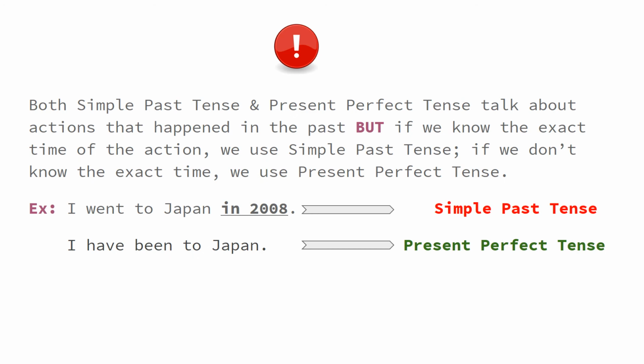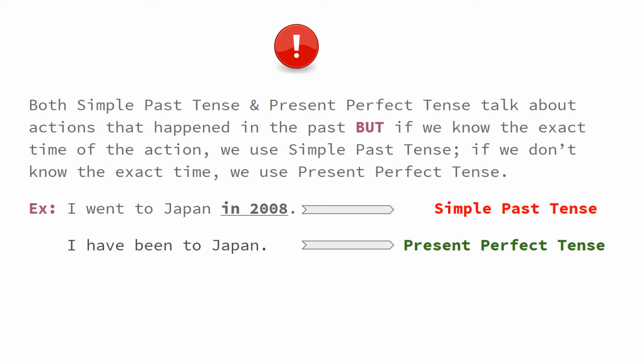At the very beginning of the lesson, I told you that present perfect tense is a tense which is very similar to simple past. Now I will be telling you more about the difference between them. Both simple past tense and present perfect tense talk about the actions that happened in the past. But if we know the exact time of the action, we use simple past tense.